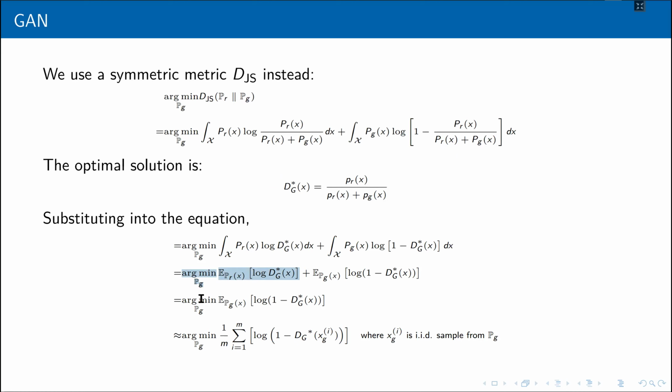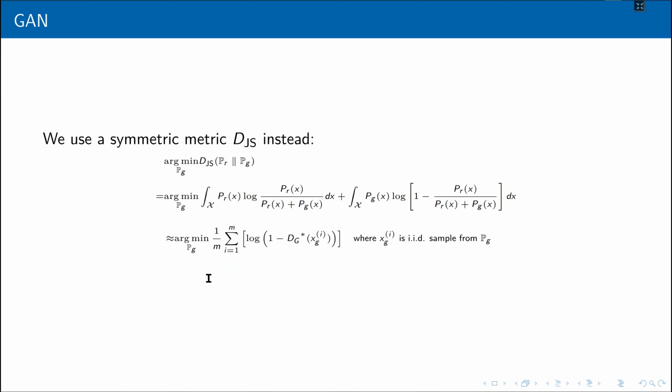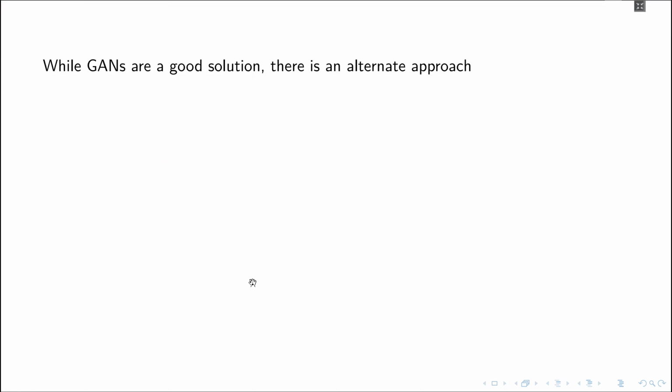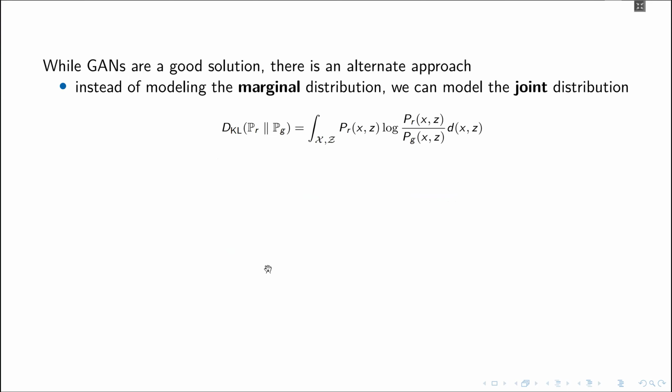We get the loss from GAN. It leads to generative adversarial nets. While GANs are a good solution, there is an alternate approach. Instead of modeling the marginal distribution, we can model the joint distribution.